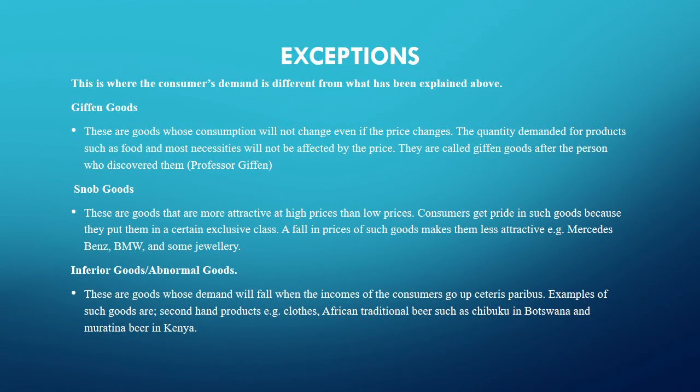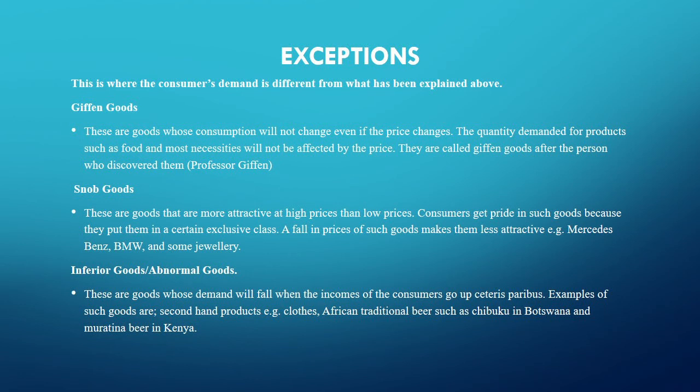There are exceptions to the above factors of demand. This is where the consumer's demand is different from what has been explained above. These goods are classified under the following headings. Giffen goods.